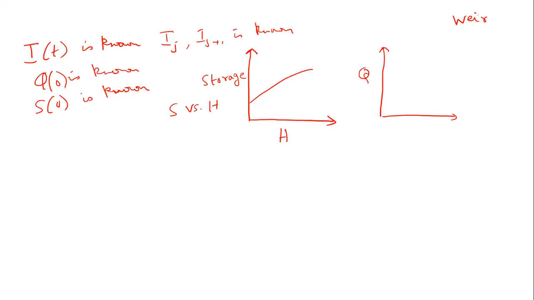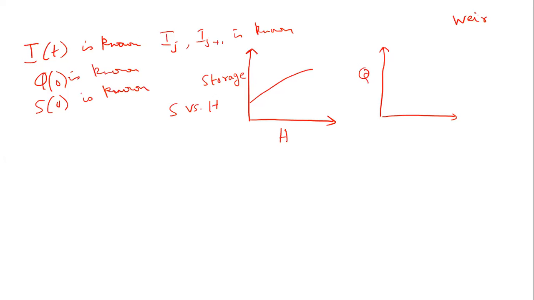What does the weir do? What is the objective? What is the role of a weir? What is the purpose behind having a weir? One purpose is to store some water. The other is to estimate the flow rate, right?